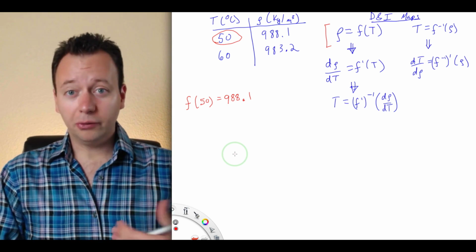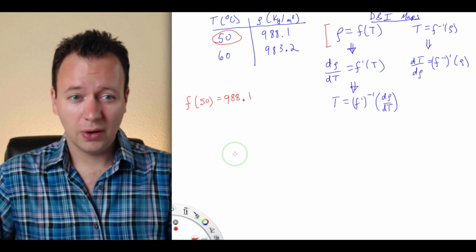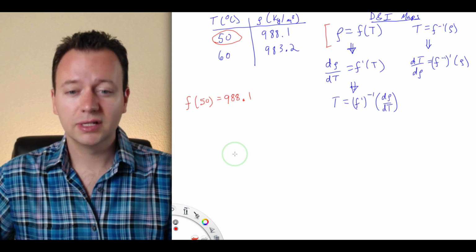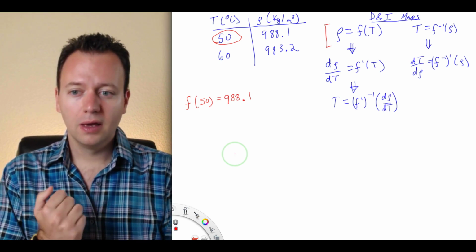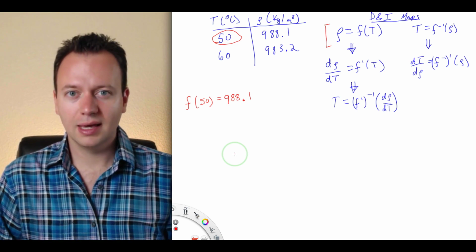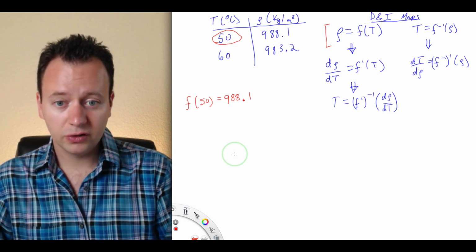Right, because we can literally just read this off of the table. So at 50 degrees Celsius, the density of water is 988.1 kilograms per cubic meter. And that's pretty much the physical interpretation of this.